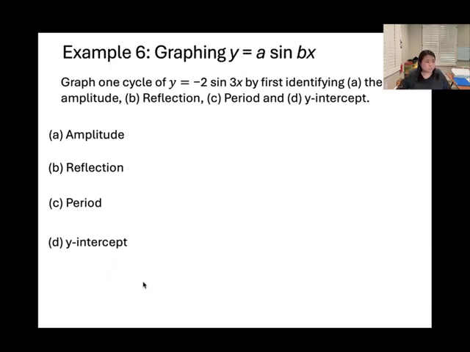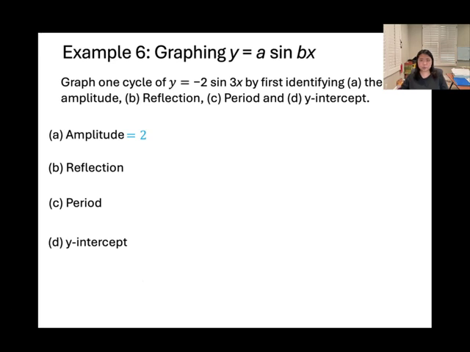Okay, try the example 6. Okay, amplitude equal to 2.